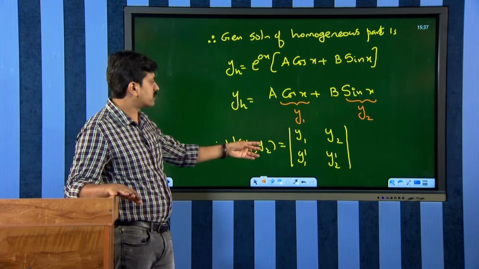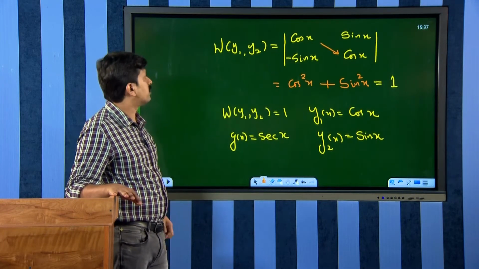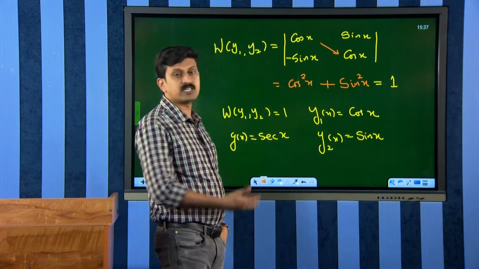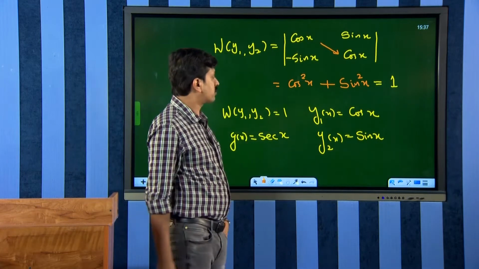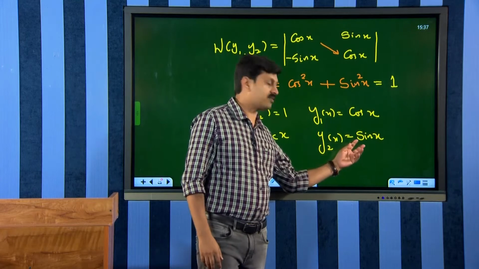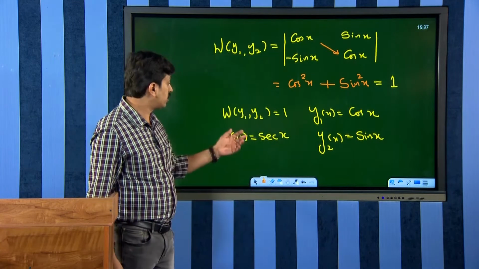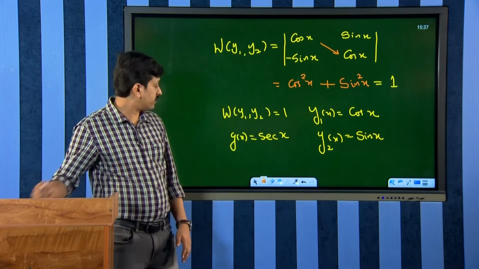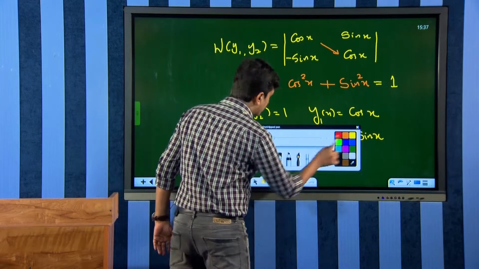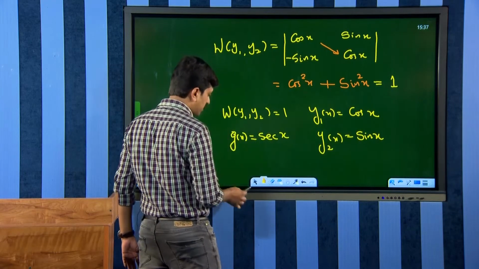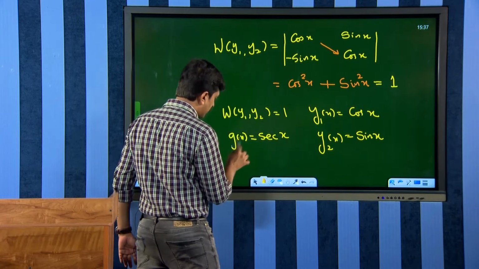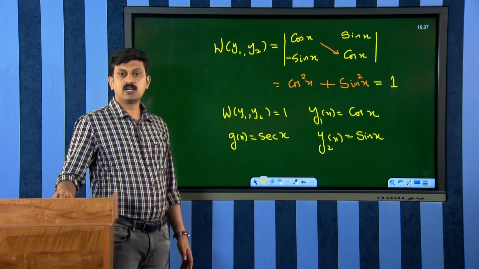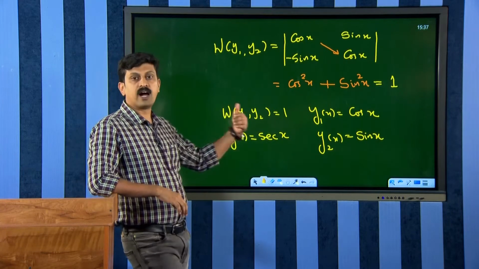We can find the Wronskian by using this determinant. So we found the Wronskian is equal to 1, y1 is equal to cos x, y2 is equal to sin x, and g of x, or sometimes we use r of x instead of g of x, is the non-homogeneous part, the function on the RHS.